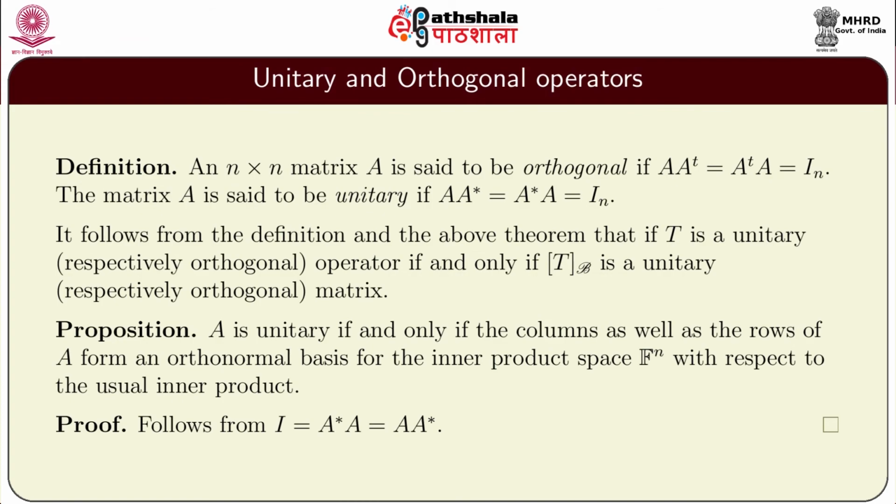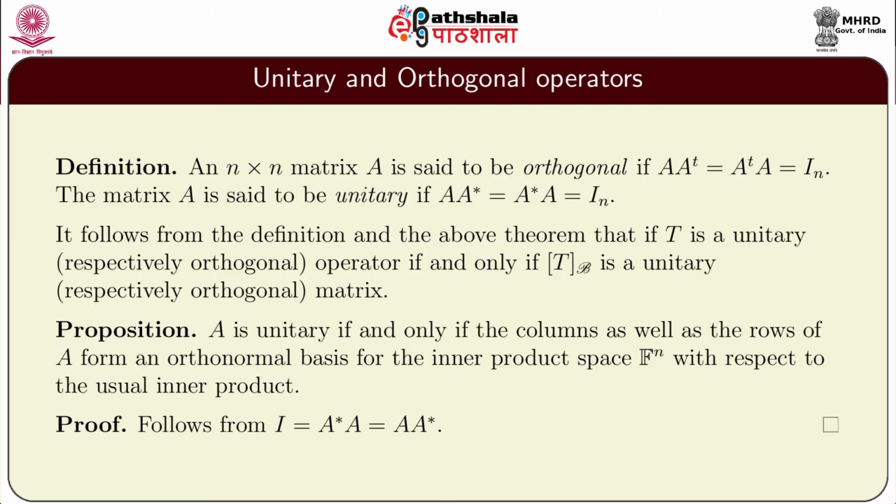Now, definition: an n cross n matrix A is said to be orthogonal if A transpose A is equal to the n cross n identity matrix, and A is said to be unitary if A star A is equal to I_n, that is the n cross n identity matrix.